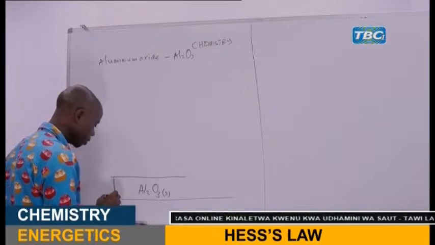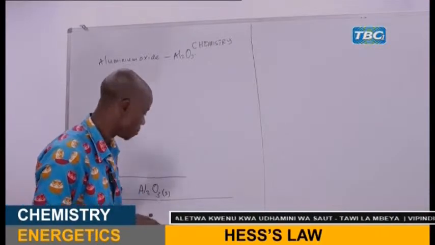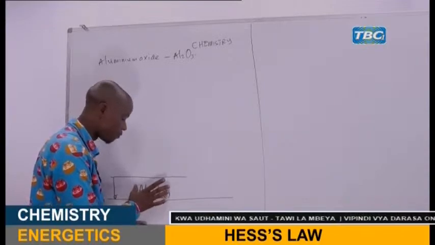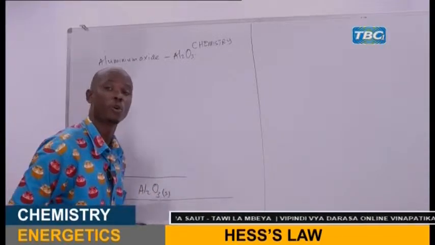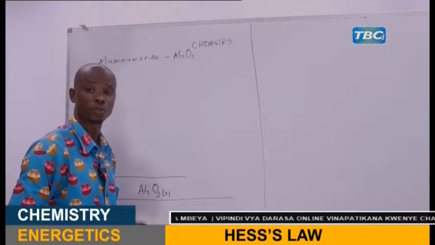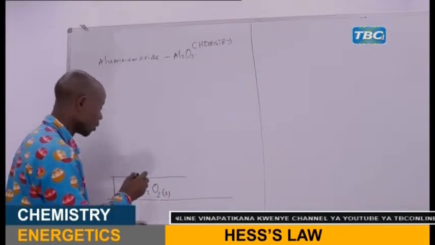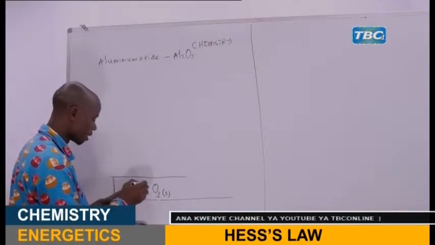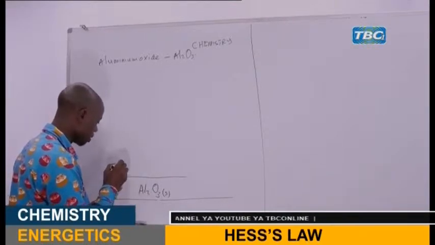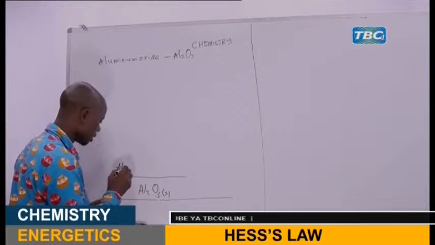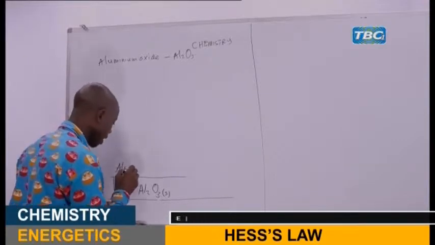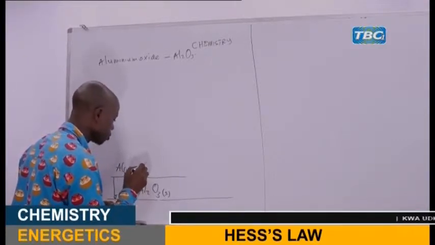The arrow will point downward. Why? Because the enthalpy of formation of aluminium oxide is an exothermic process. That's why the arrow is pointing downward. So we write the elements which make this compound here. This is aluminium; you write solid here, followed by oxygen gas.